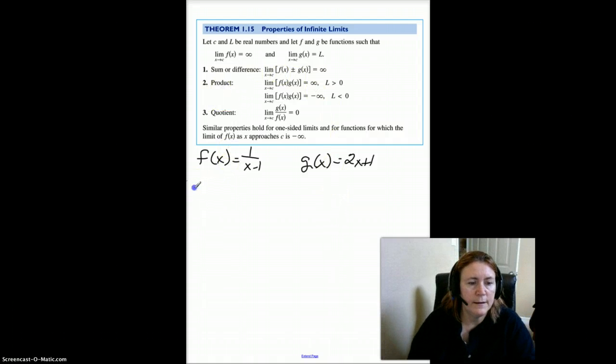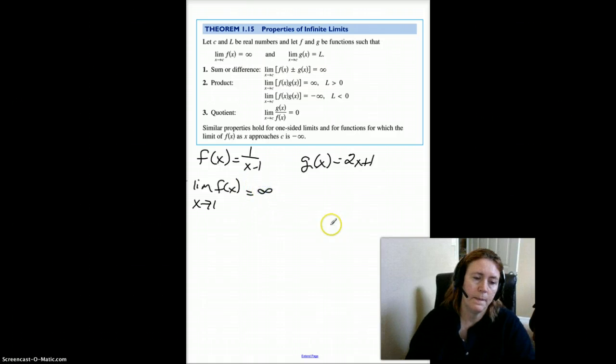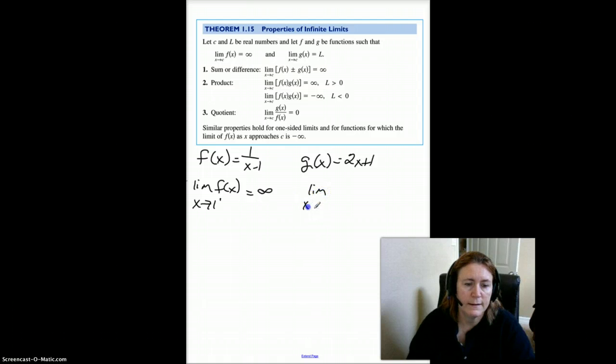Then, because the limit of f of x as x approaches 1 is unbounded, let's say we're going from the positive side here, and the limit as x approaches 1 of g of x is 3, then f of x plus g of x has a limit of plus infinity.